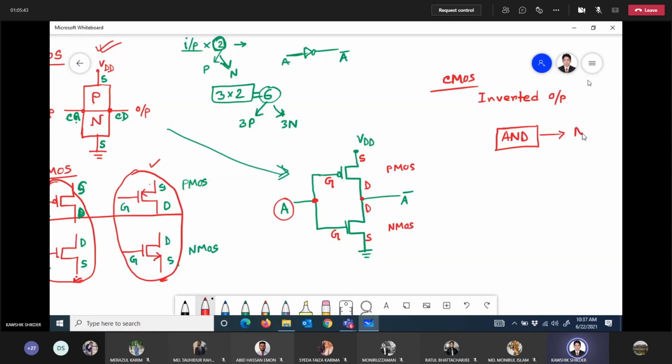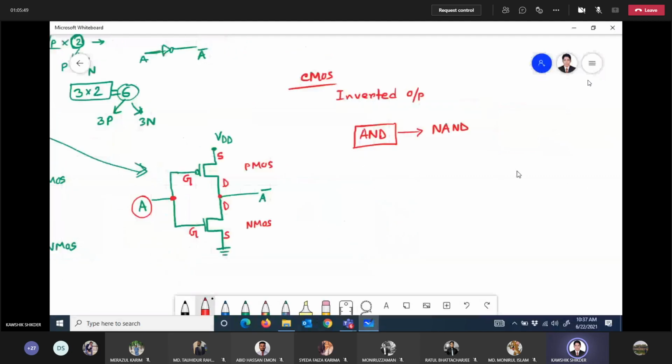At first you have to draw a CMOS NAND, because anything designed with CMOS gives the inverted output. Then you pass it through an inverter, that is also a CMOS inverter, and finally you will get the output, that is AND. Clear?